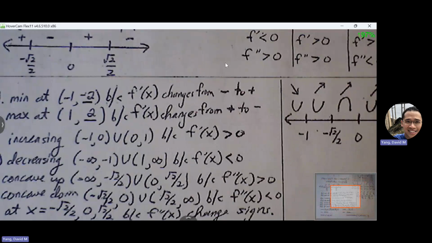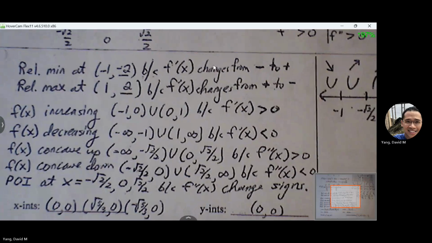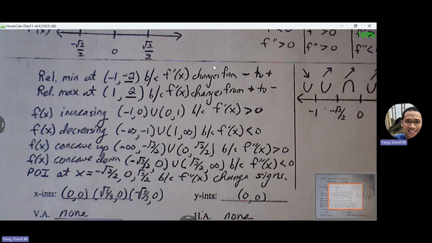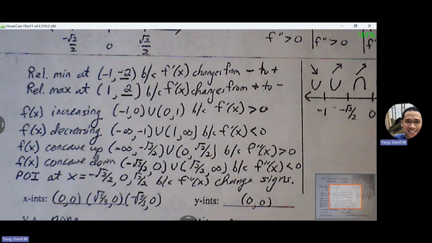So here is all the data that I gathered from my assignments. And again, this should feel easy because you have all the information in front of you.